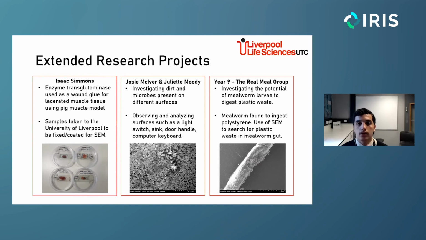Then there's the Year 9 Real Meal Group, which they've named themselves and are part of a competition in which they've reached the finals, investigating the potential of mealworm larvae digesting plastic waste, which is one of the major things happening in the world right now, affecting everyone. They're trying to investigate the mealworm's guts to see the plastic waste and how it's processed in its guts.